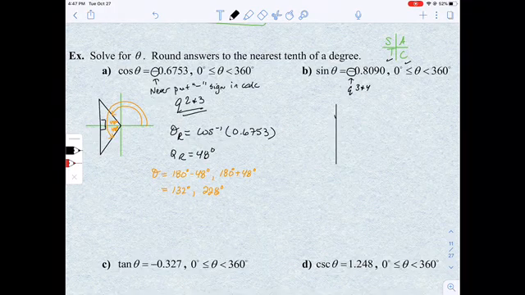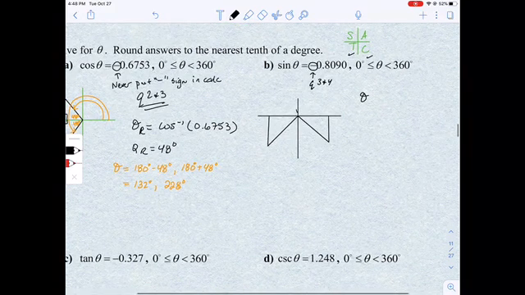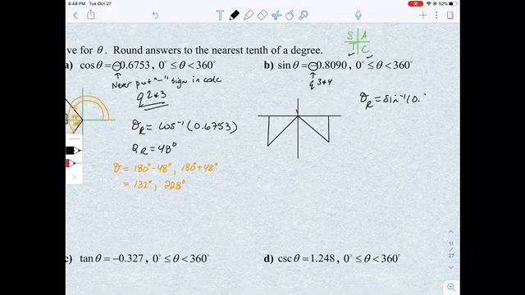Okay, and again, it doesn't have to be perfect. I'm going to draw two little right angle triangles, and that tells me exactly where I am, and then I want to find my reference angle. So theta r is the inverse sine of 0.8090.